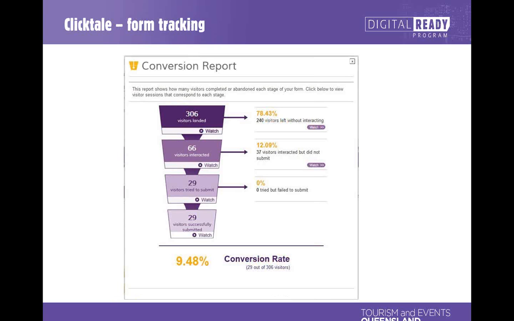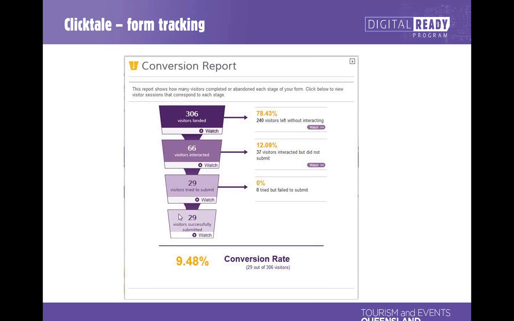So what this tells me is you can set this up in your form. Now this is similar to Google Analytics goals, but again can give you another view if you're not getting what you need from analytics. Reports show how many visitors completed or abandoned each stage of your form. Click below to view visitor sessions that correspond to each stage. So what you can discover here is things like which fields are taking too long for people to fill and they're stopping filling them in, which fields are most frequently left blank, which fields are people leaving on. 29 visitors tried to submit, tried but failed and left.